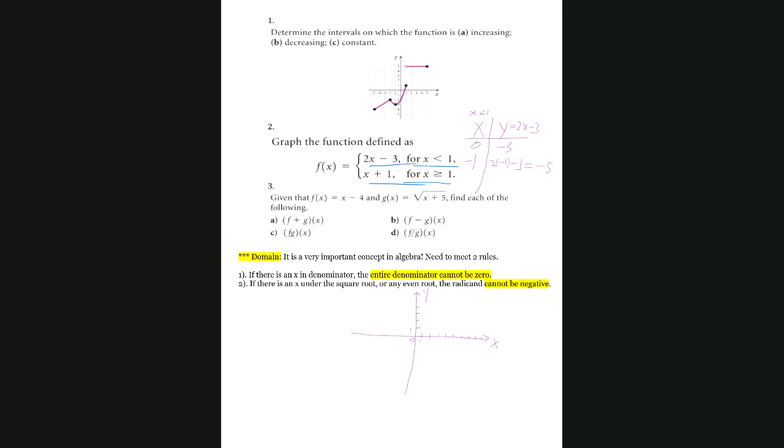And for -5, I have to go down 1, 2, 3, 4, 5. So -5 right here. When x equals 0, this will be -3, so this is 1 point right here. When x is equal to -1, this will be -5, so somewhere right here.